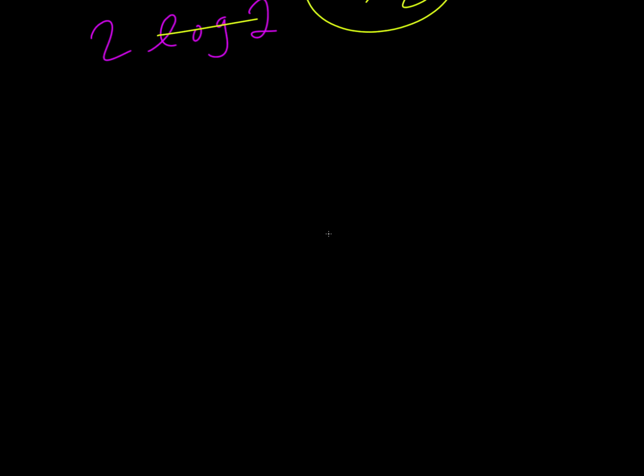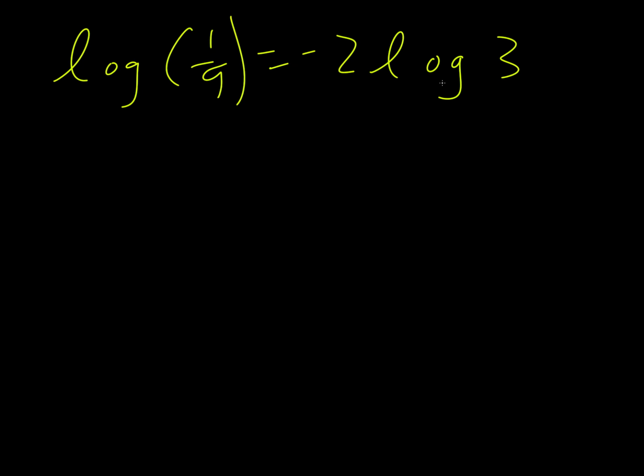All right, we have 2 more examples. So we have log of 1/9 equals -2 log 3. And so the goal is to show that these are equal. So what you're going to do is choose one side and make it look like the other side. So I'm going to choose the left side.